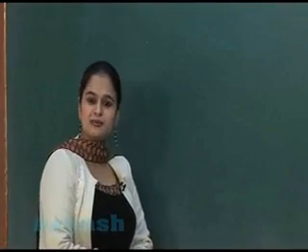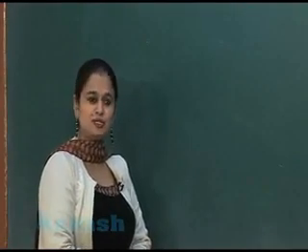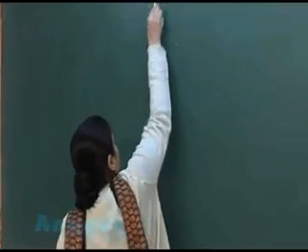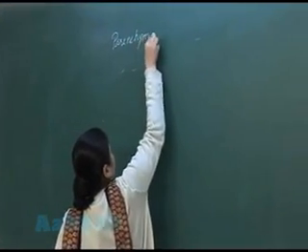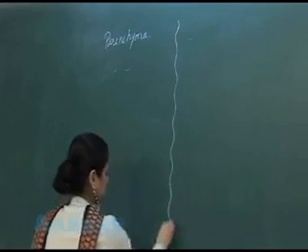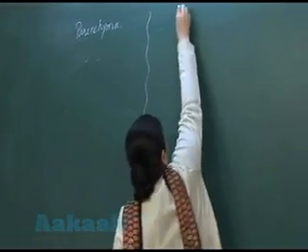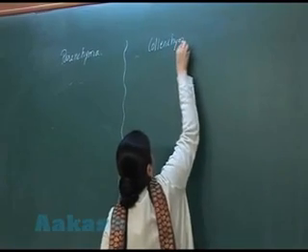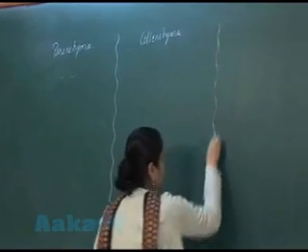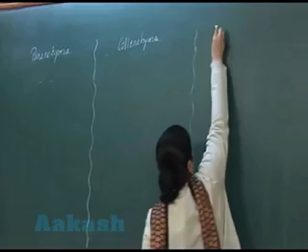Now the three types of simple permanent tissue: parenchyma, collenchyma, and sclerenchyma.